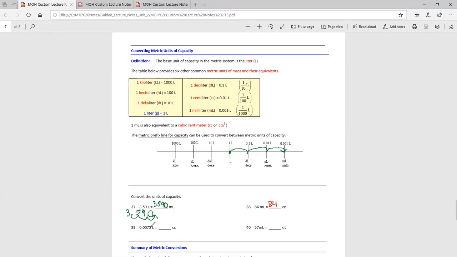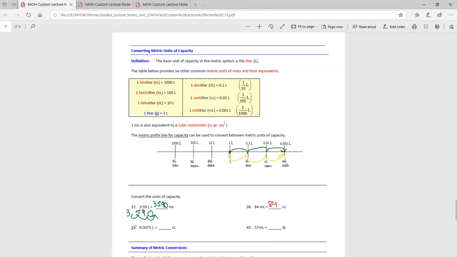Let's do 39, just because we'll do all 4 of these. This one was the same. Going from liters to cubic centimeters, well, cubic centimeters are milliliters. So we're going to go to the right. We're starting with liters, going right 1, 2, 3 times to the equivalent of the cubic centimeter, which is milliliter.